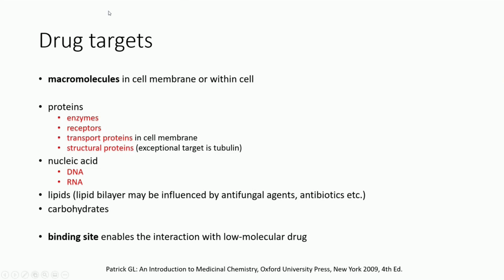And this can be enzymes, receptors, transport proteins, structural proteins, and maybe also some other type of proteins. Nucleic acid are not as often as proteins as target. However, it is typical for example, for anti-cancer treatment. There is always a binding site in the target that enables the interaction with low molecular drug.